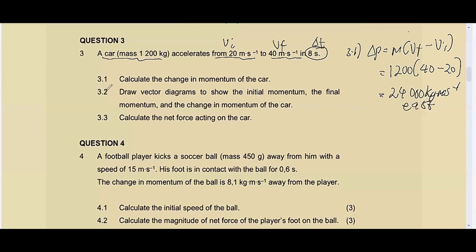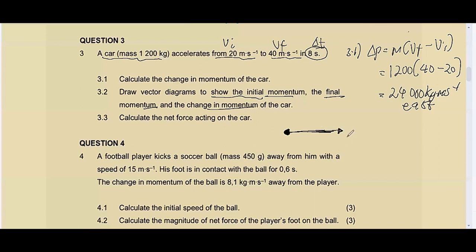Then 3.2 says draw vector diagrams to show the initial momentum, the final momentum, and the change in momentum. Note this: for the initial momentum, we indicate the starting point, which is our tail, and then this would be the initial momentum.